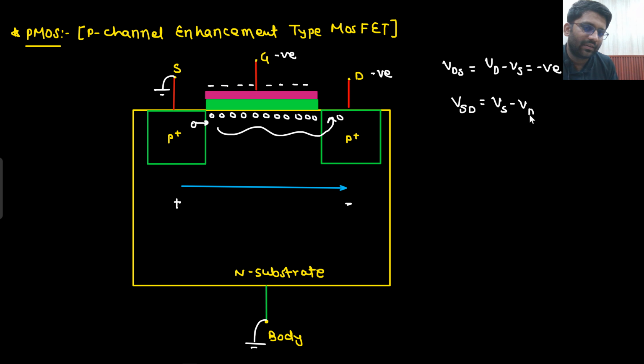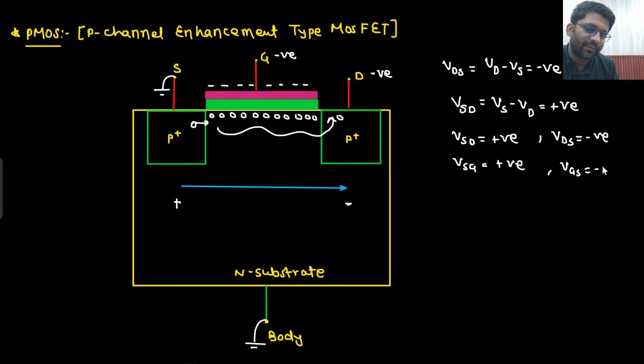VS is 0, VD is negative, so it would become positive. So your VSD is positive. Similarly, your VSG is positive. Here, your VDS was negative and VGS was negative. This is the case of PMOS we are discussing.